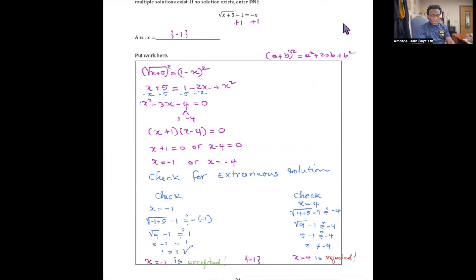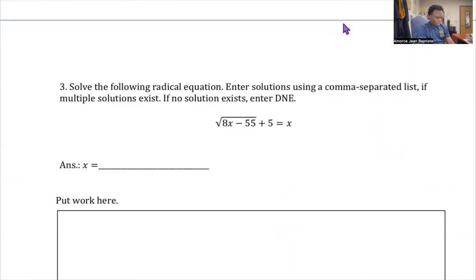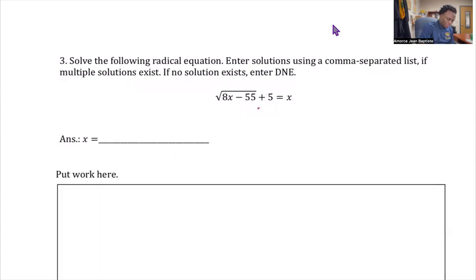Now let's move on to the next example here. That is this one. So we're going to subtract 5 on both sides.